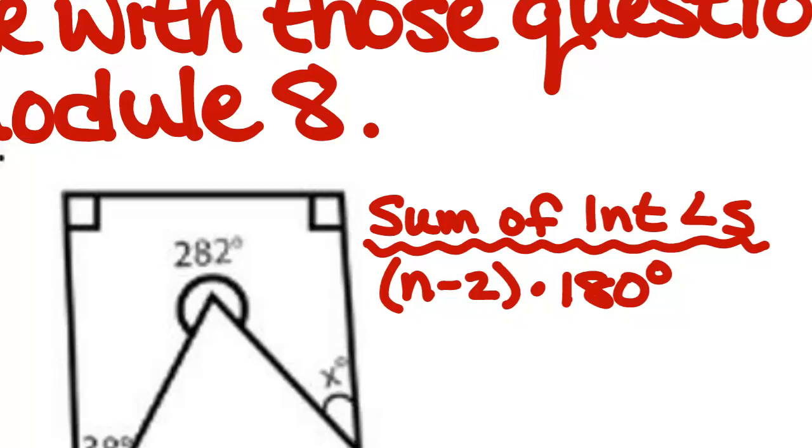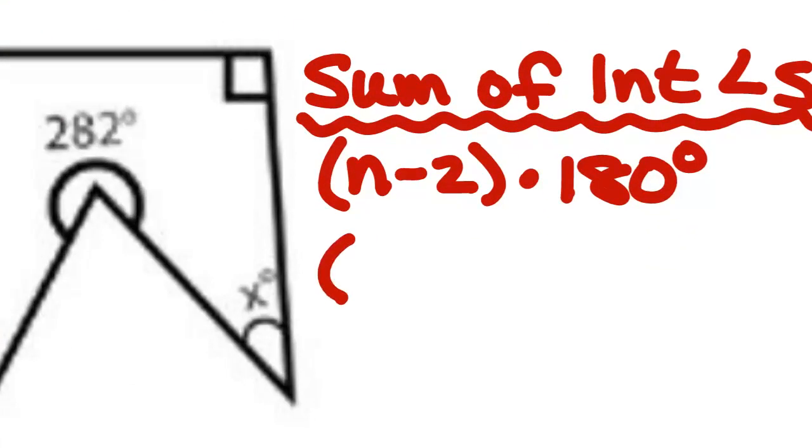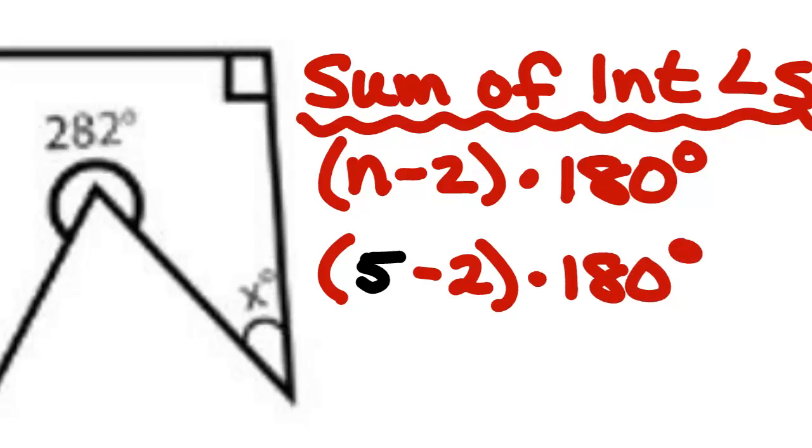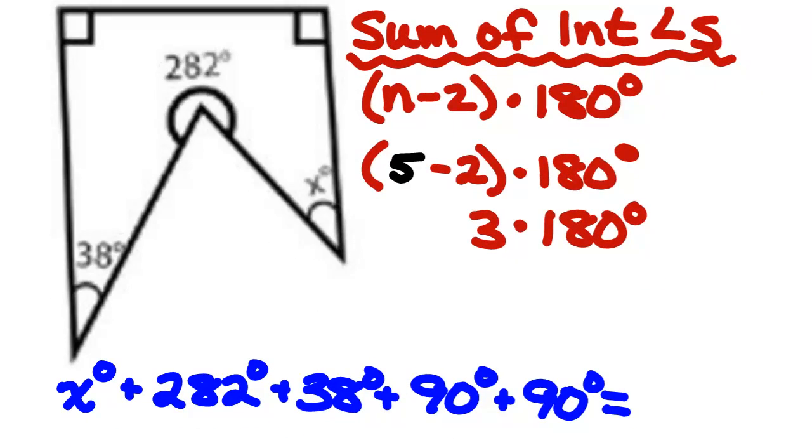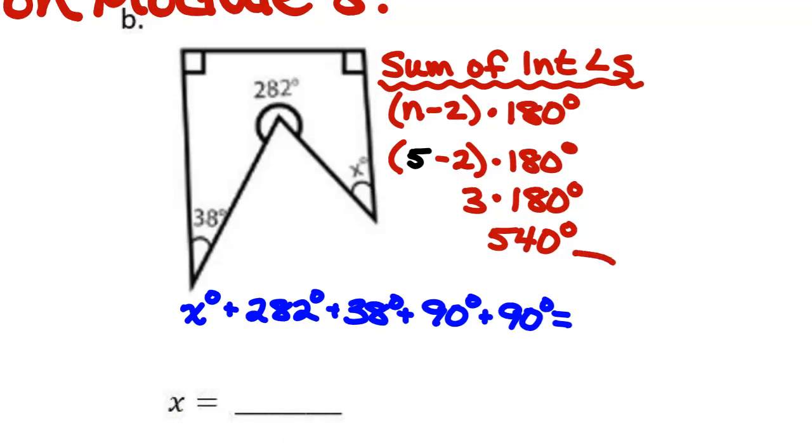How many sides does the figure in part B have? 5 sides. So we would have 5 minus 2 times 180 degrees. 5 minus 2 is 3, so I have 3 times 180. And 3 times 180 is 540. So that's what we set this equal to.